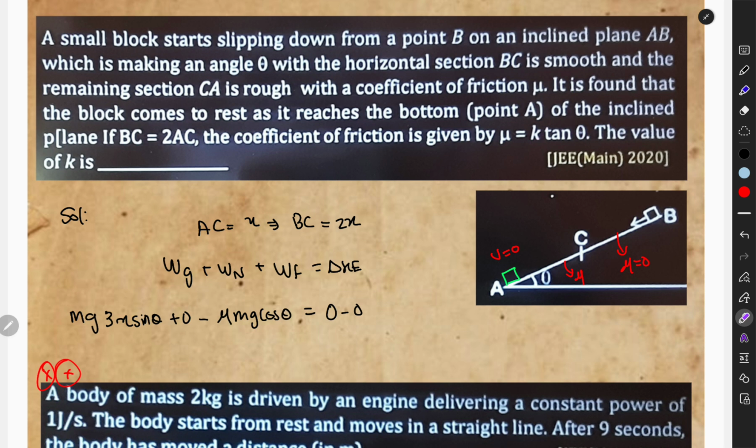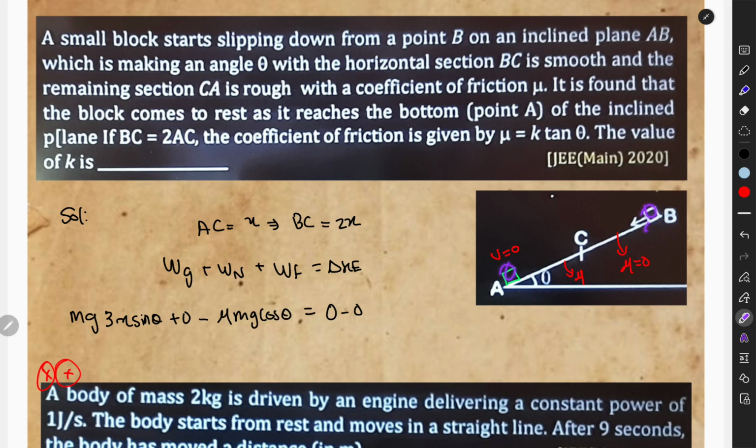Okay, so initially it's at rest, and finally they say it will come to rest, and they have also given additional information, which is BC is equal to 2 AC. Okay, 2 times AC. So yeah, work done by gravity will be equal to simply here to here, right?